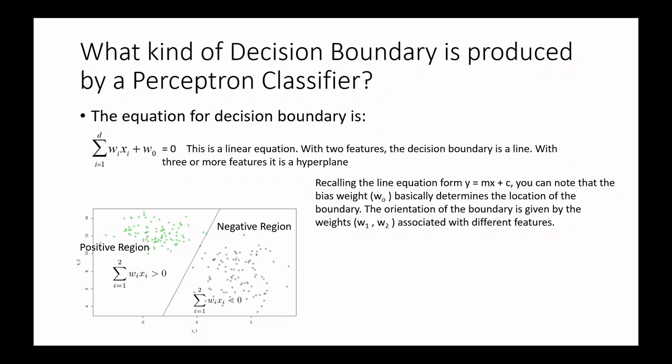So if you are looking at a problem in 2 dimensions, the bias weight will tell you where the boundary intercepts the x or y axis, and the orientation of the line will be given by the other weight values. The same thing happens in higher dimensions. W0 will tell you where the hyperplane is located, and the rest of the parameters will tell you the orientation of the hyperplane.